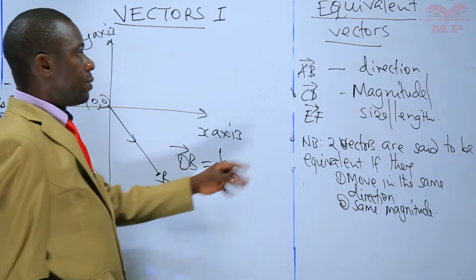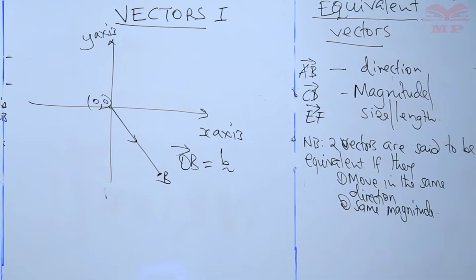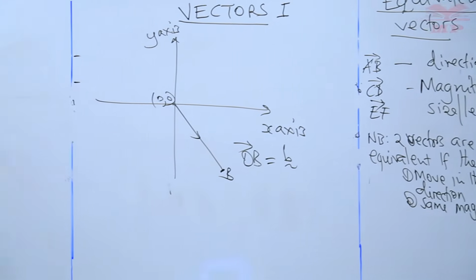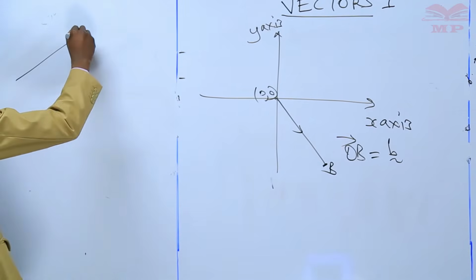So we can illustrate this further by checking an example of two vectors, which we can use to show us whether two vectors are equivalent or not. Now, suppose we have these two vectors.